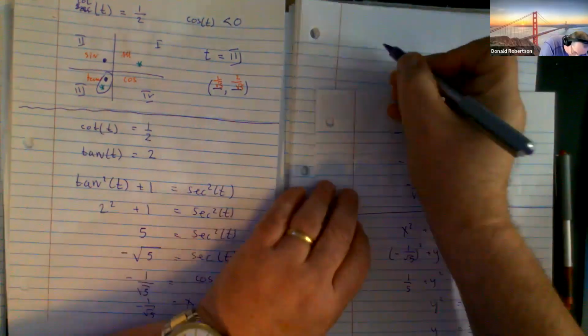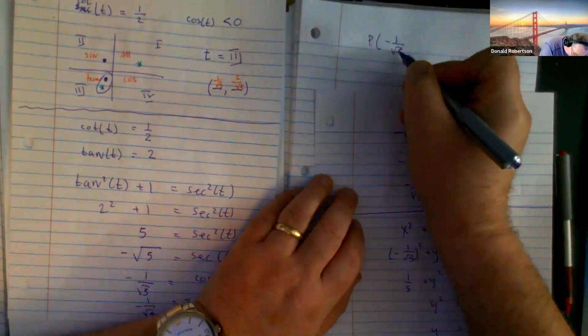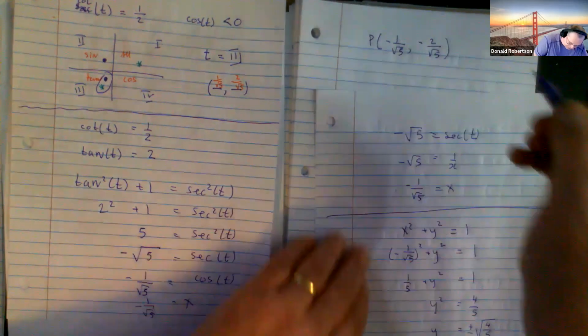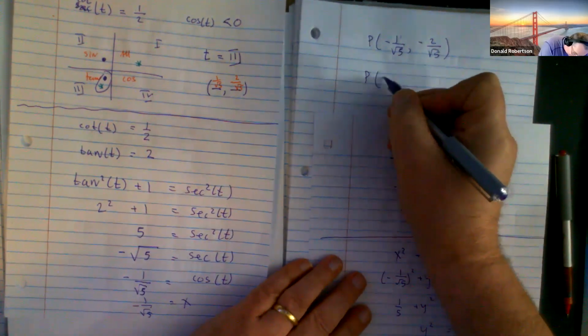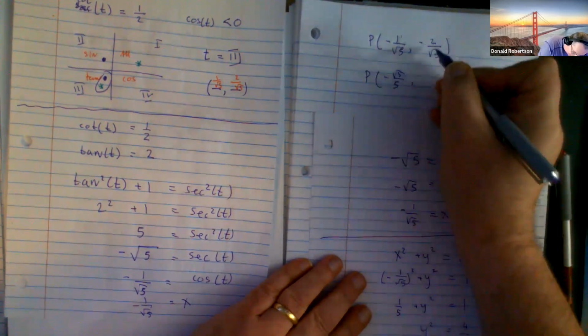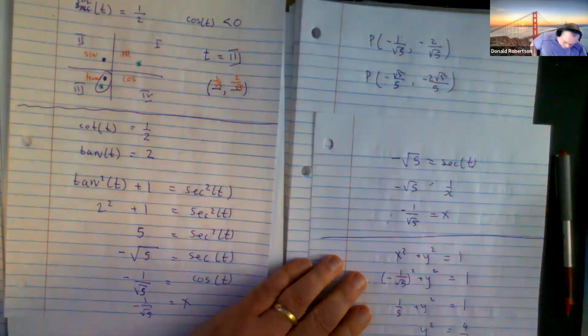So I know I have the coordinates of my terminal point. It's -1/√5 and -2/√5. Now to make them look pretty, rationalize the denominator, and you get that guy, and rationalize the denominator, you get that guy.